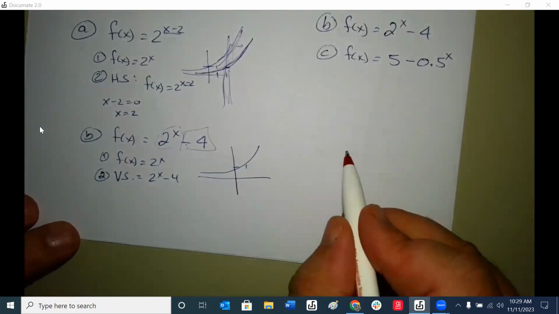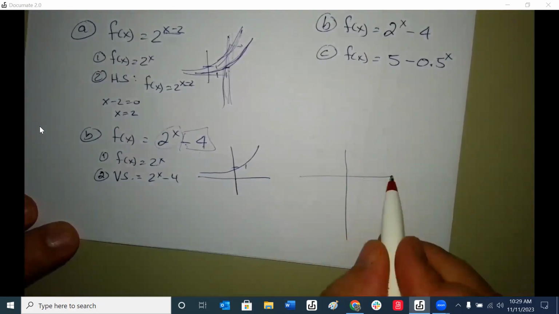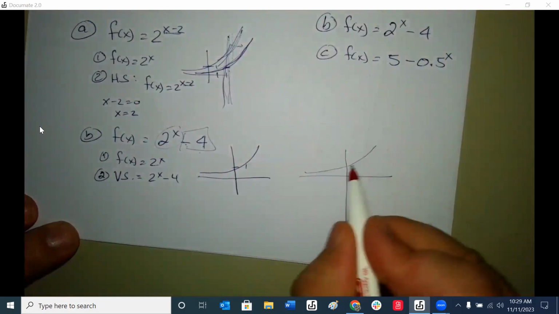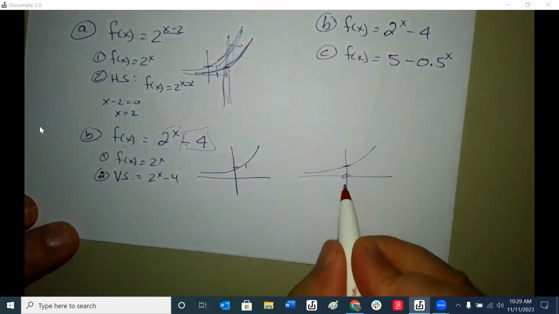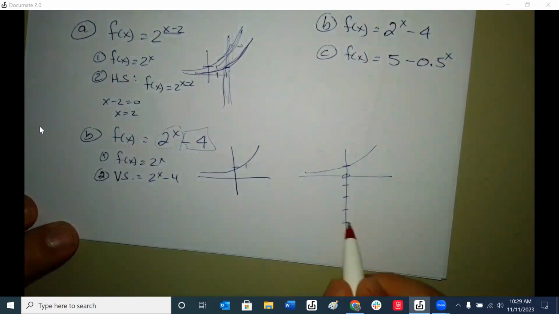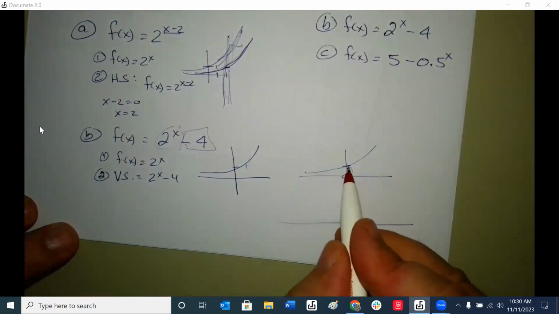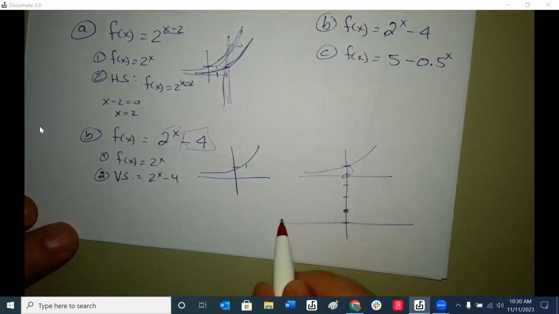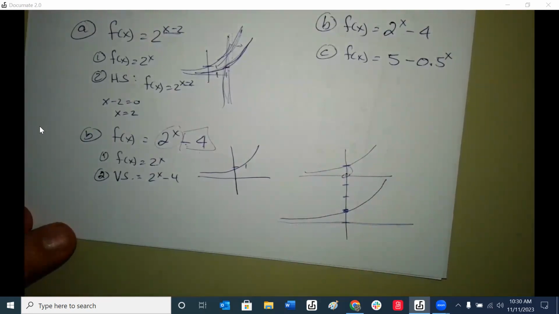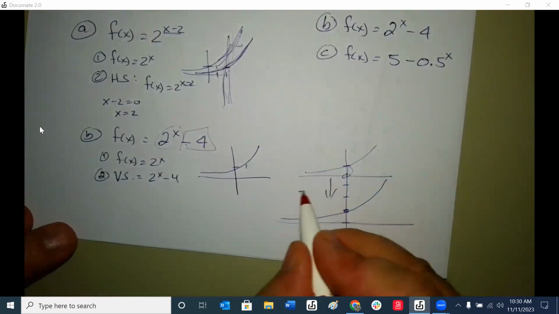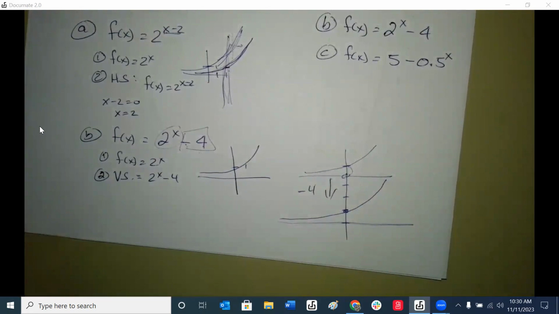Remember our graph used to look like this, so now I move this 1, 2, 3, 4. So there's my new horizontal line, the x-axis. The y-intercept still happens 1 above there. So there's a graph. It just shifted down 4 spaces.